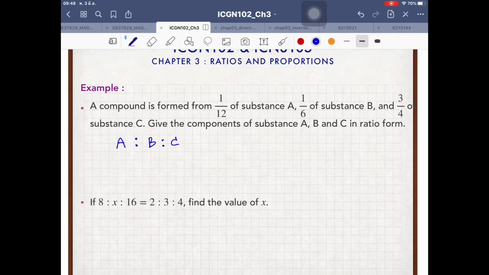All right, in the ratio form, you can write it by using the colon.